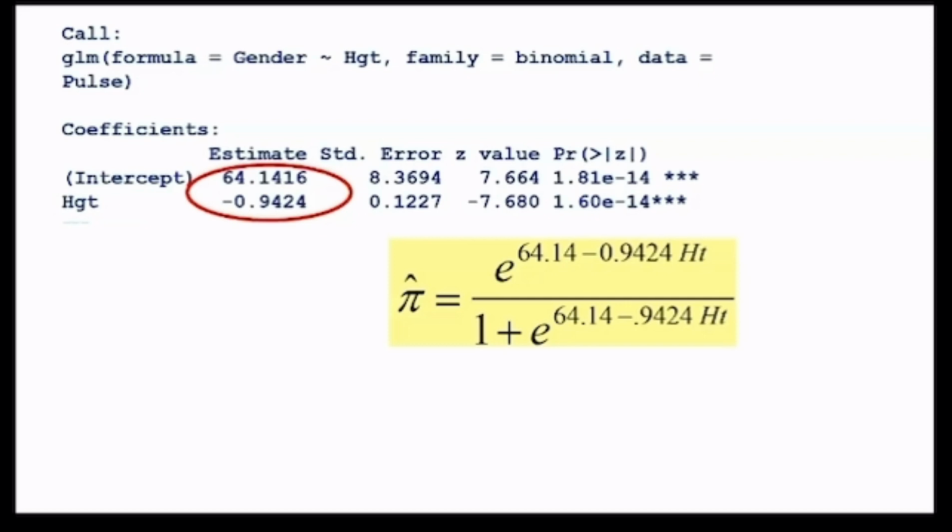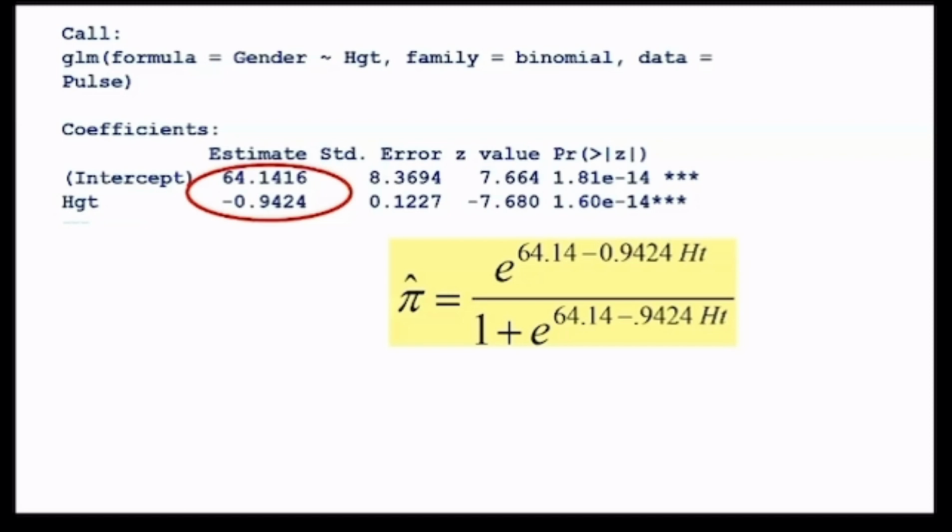I can as well code female as 1 and male as 0, but for interpretation's sake, when I code male as 1 and female as 0, that very pi cap that we are seeing right now is the probability of being a male.